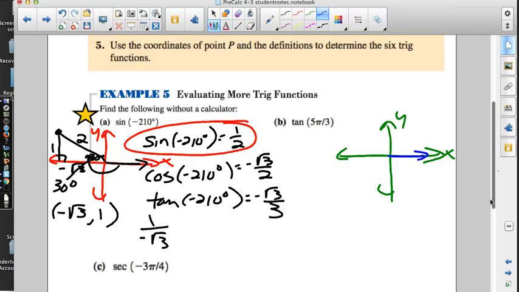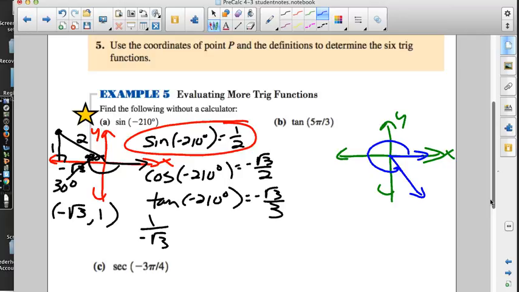5/3 pi. Okay, 5/3. That's actually 1 and 2/3 pi. So we need 1 pi, and we have to go 2/3 of the way. Thirds. 60 degrees. 180 is pi.